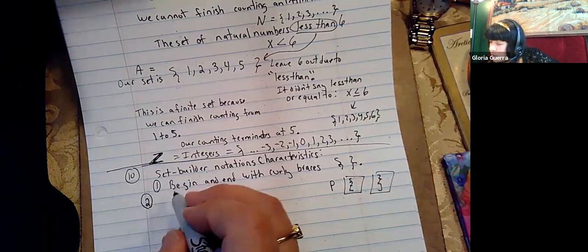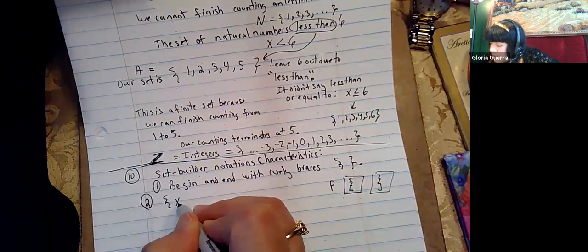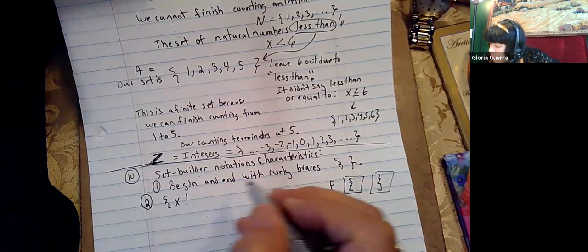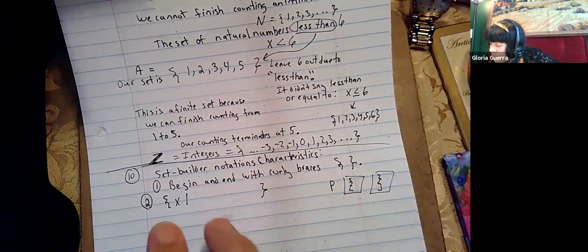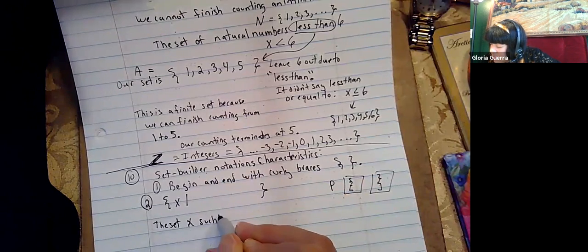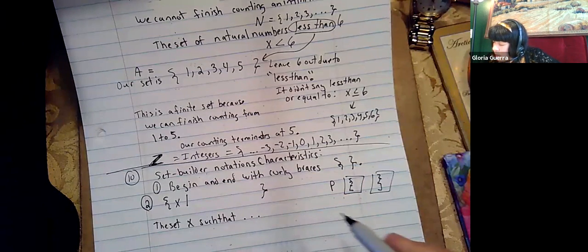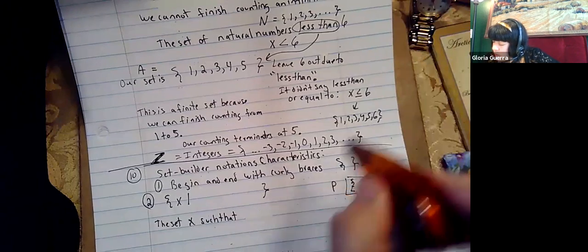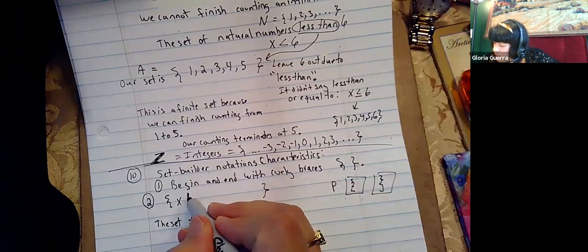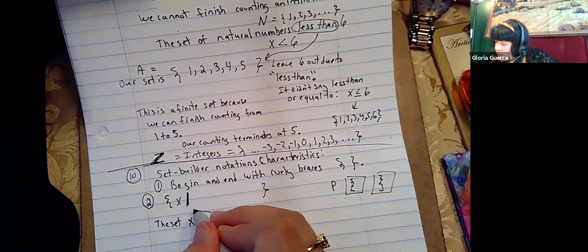And then when you write it up, you write this. Usually it's an X, not all the time. So this means the set X such that. This bar means such that.